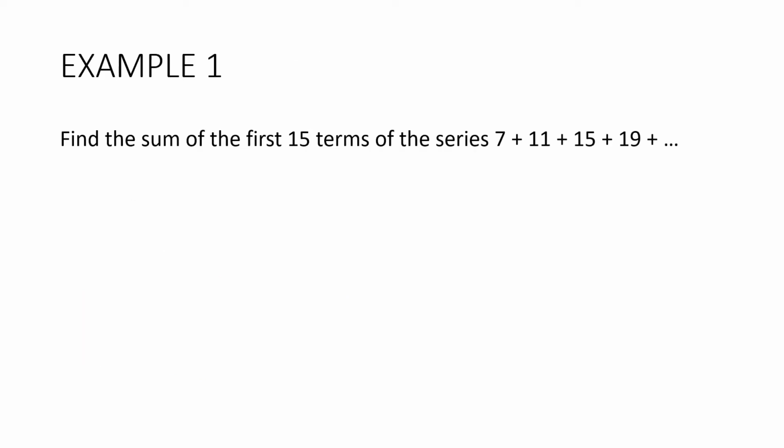Here's example 1. Find the sum of the first 15 terms of the series 7 plus 11 plus 15 plus 19. Okay, we're going to start by figuring out what A is and what D is. Now A is 7, and 7 plus 4 is 11, so D is 4. And N is going to be 15.